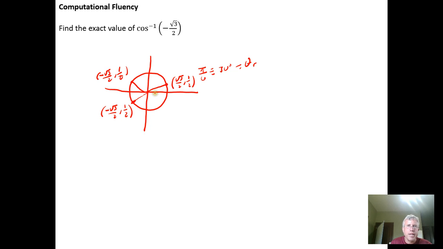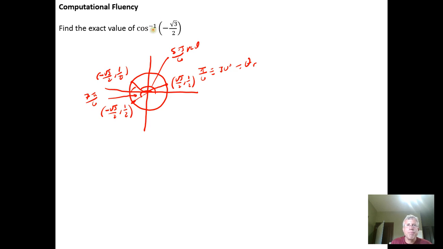And this angle right here, with the reference angle of pi over 6 radians, is going to be 5 pi over 6 radians. And this other angle is going to be the angle 7 pi over 6 radians. So the angle that gets me to this ordered pair is 7 pi over 6.